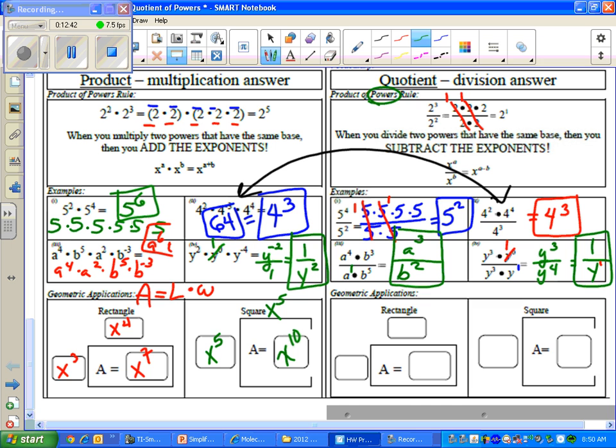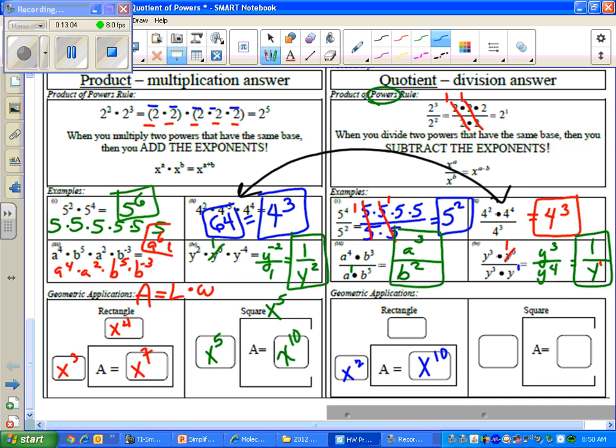Okay? Let's do a couple of geometric application problems here. For your rectangle, let's say that I give you guys an area of x to the 10th. And then I give you that one of your sides, let's say this width over here, is x squared. So it's a little bit different than the ones that we did over here on the left. In other words, we've got to find the missing side.